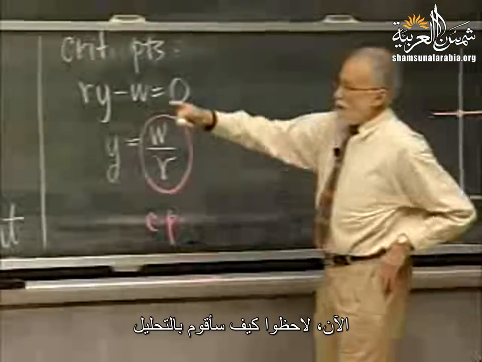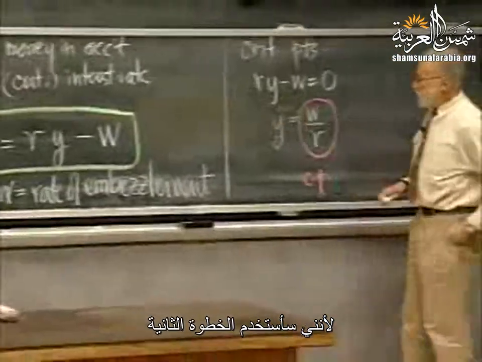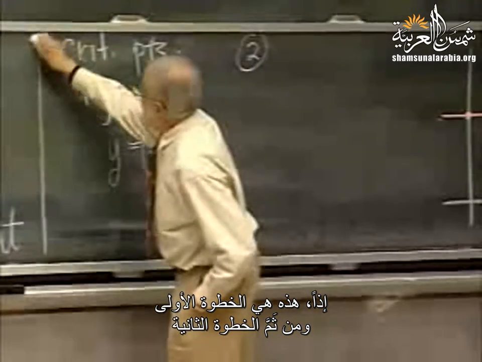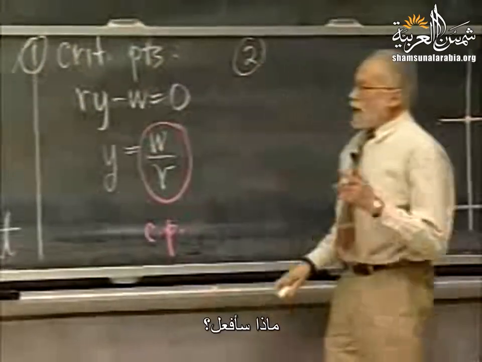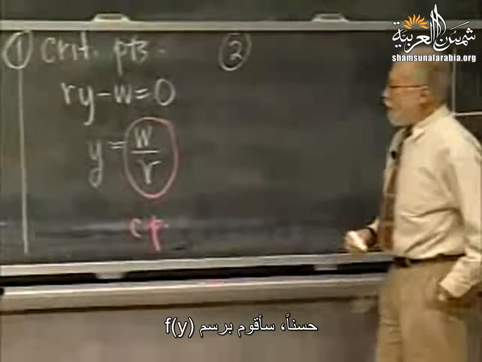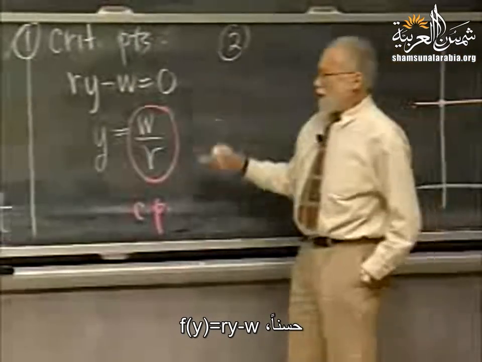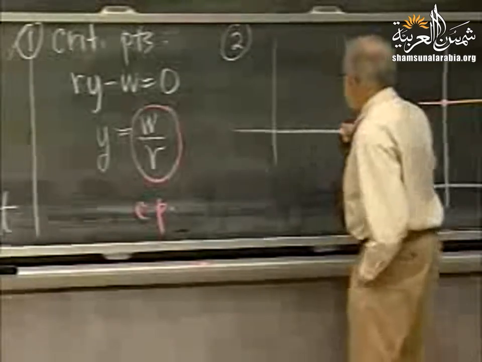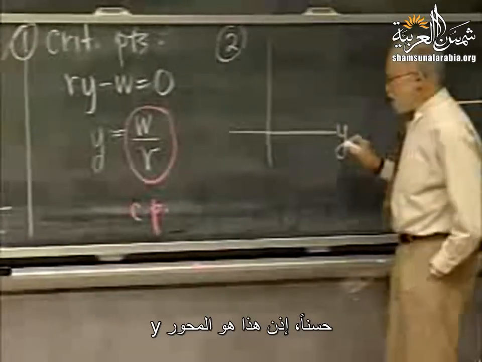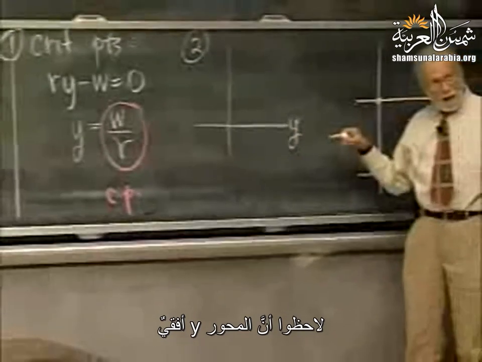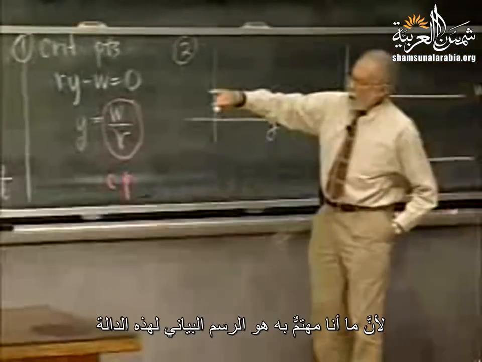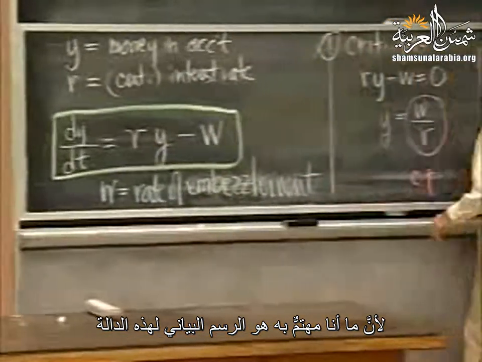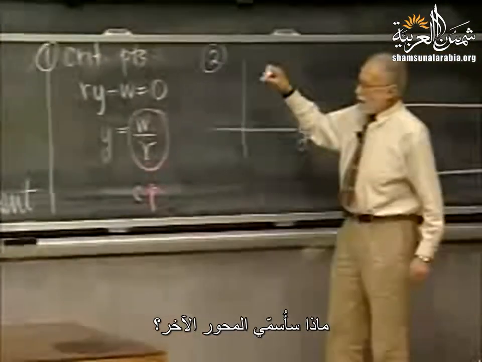Now, watch how I make the analysis, because I'm going to use two now. So if this was step 1, then step 2: I'm going to graph f of y. Well, f of y is ry minus w. What does that look like? Okay, so here is the y-axis. Notice the y-axis is going horizontally because what I'm interested in is the graph of this function. So that function, what do I call the other axis?